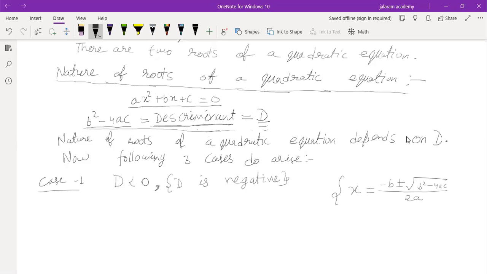In this, b square minus 4ac, that is discriminant, is written inside the square root. So if this quantity is negative, its square root cannot be obtained. So it is said that roots are not real. Is that clear to everyone?